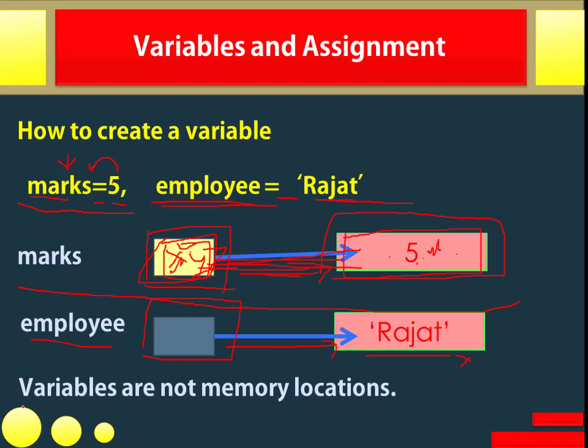So note that in Python, variables are not memory locations; rather, they are labels that are referencing the memory location. We will understand more in detail by comparing the difference between creating a variable in other languages and in Python.